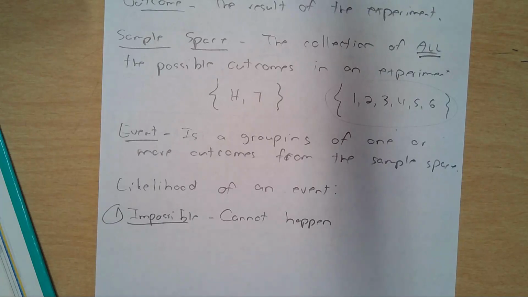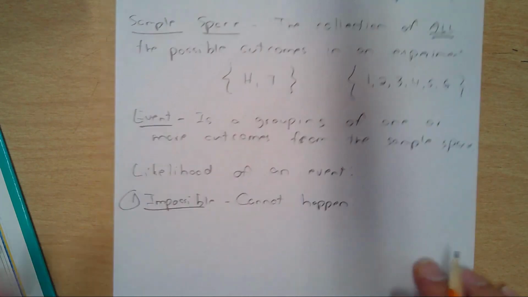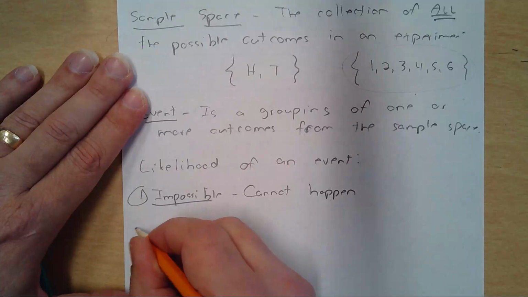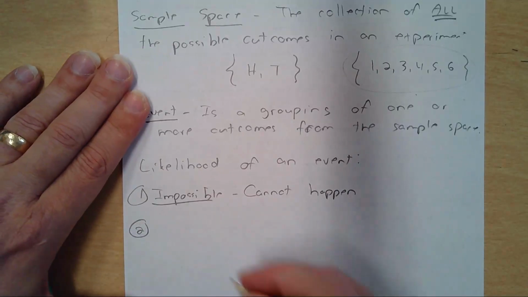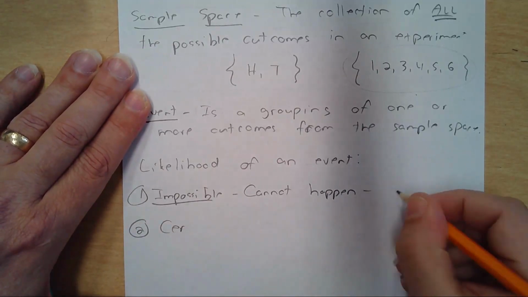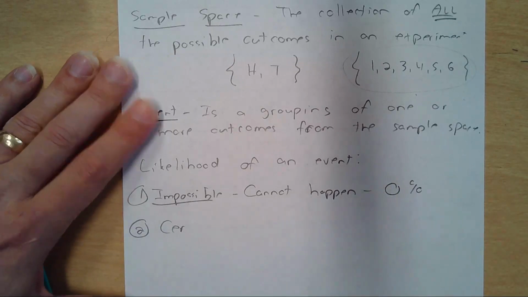Well, it's impossible. The normal 6-sided die doesn't have it. It goes 1 through 6. There's no way I can roll a 7 or a number bigger than 7. It's impossible. It's not going to happen. There's a 0% chance that event's going to occur. Right? It's impossible. And there's no chance it's going to happen. Certain. I'll just put it this way. 0% chance. Certain.